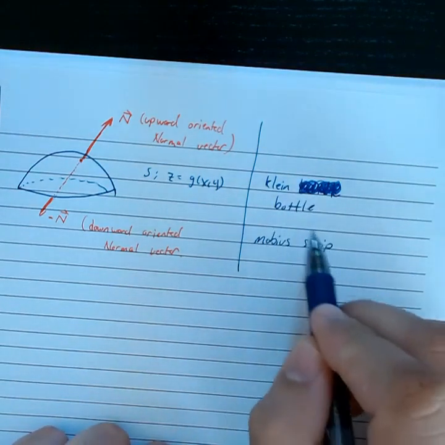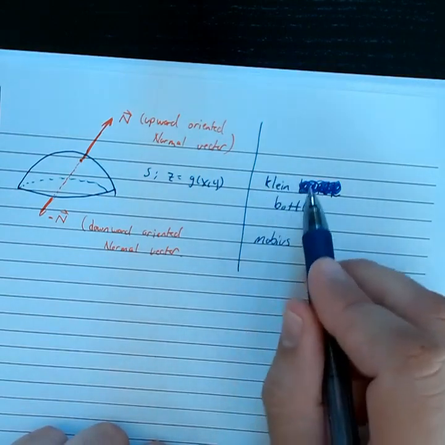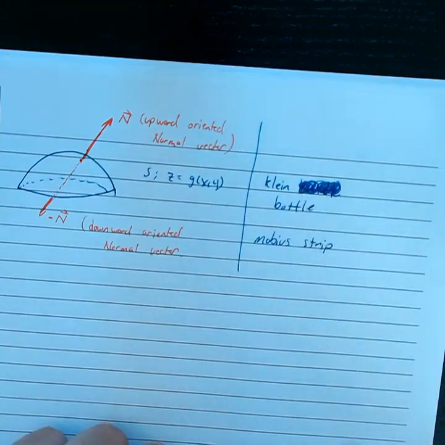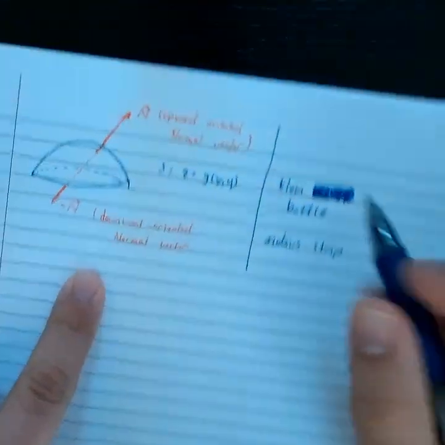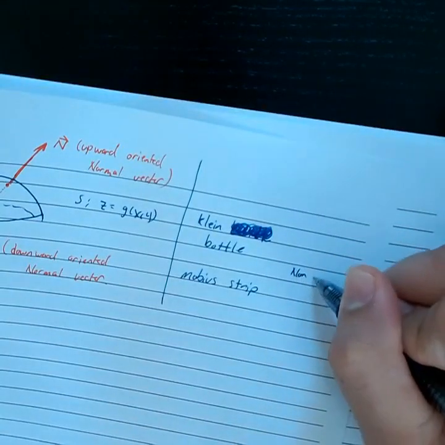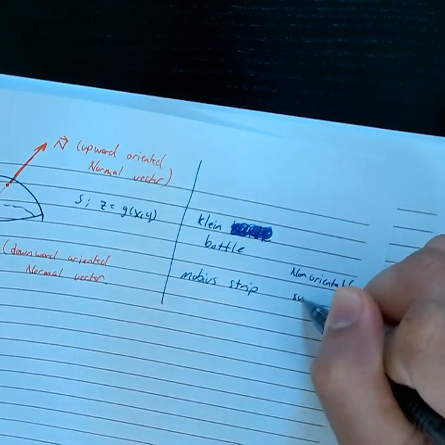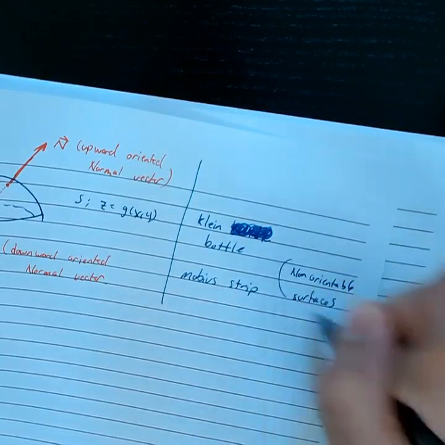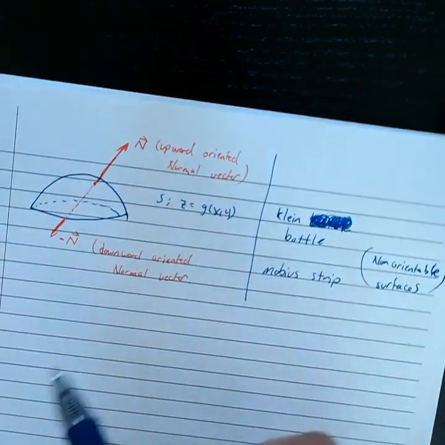Anyone interested in strange geometries, look these up. You can make one of these out of a strip of paper. These are harder to make, but you can buy one on the internet. And there are actual Klein bottles you can buy. Anyway, there are surfaces that are non-orientable. These are examples of non-orientable surfaces. However, in this class, you can take for granted that every surface that we have will be orientable.